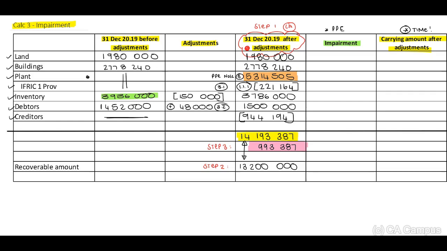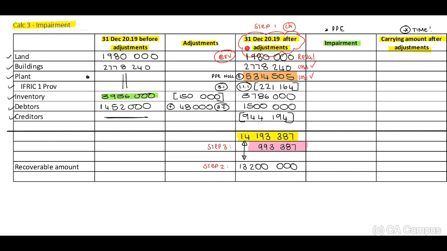When we look at our land, it follows the revaluation model, guys. We need to follow the revaluation model, at fair value at year end, and therefore this is already at fair value. Our building is our cost model. This can be impaired. Our plant, our cost model, we can impair this.